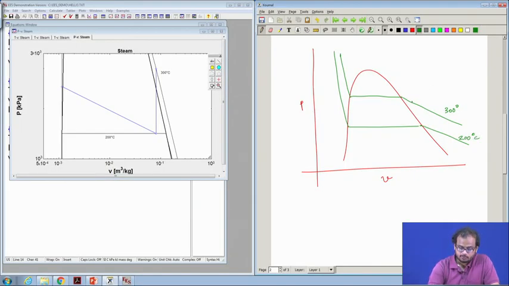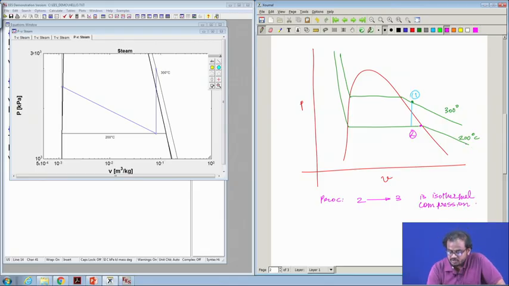So, we start off at a point over here, this is point 1, we end up on a point over here which is point 2, and then process 2 to 3 is isothermal compression. So, if it is isothermal compression, it has to follow this particular line. Okay. And because it is compression, it has to go in this direction, because during compression the volume has to reduce.